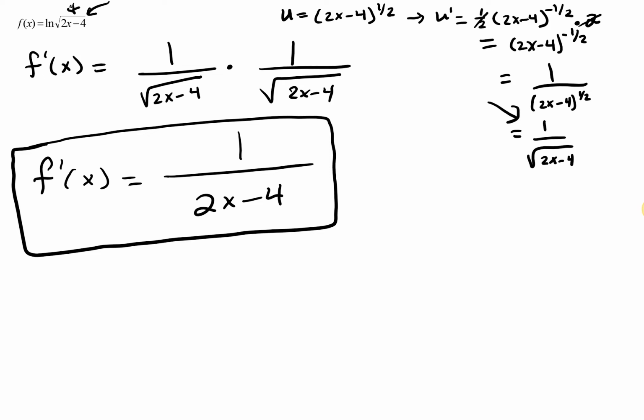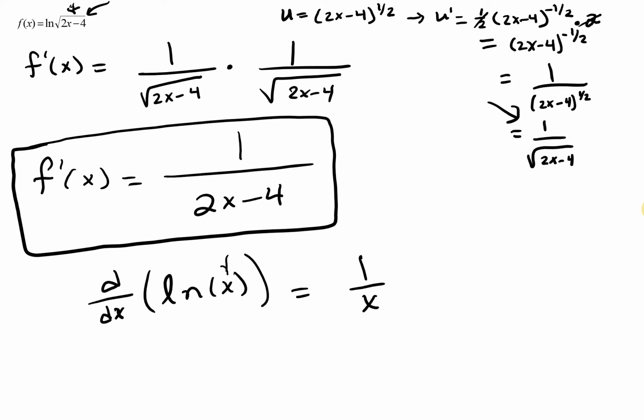Nothing terribly difficult. Remember, if you were to take the derivative of the function ln of x, it's just 1 over x, and then of course you'd multiply by the derivative of the inside, but in this case that's just 1.